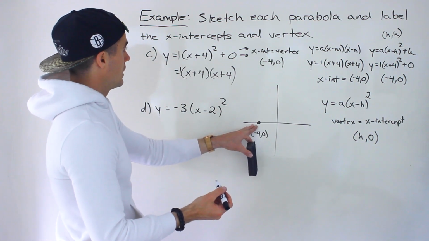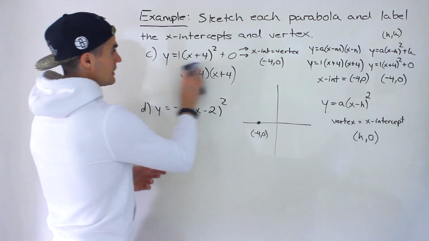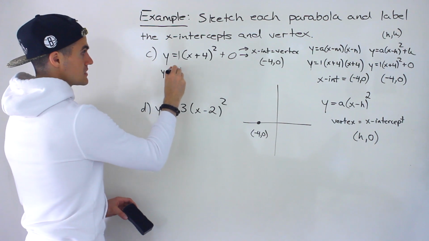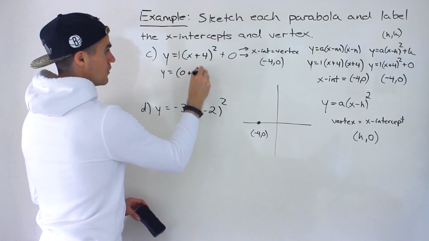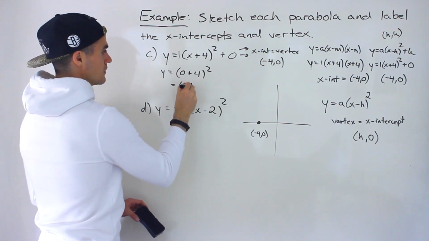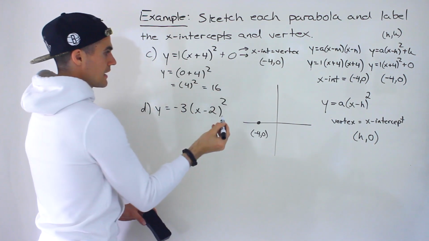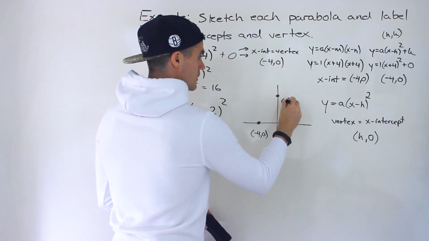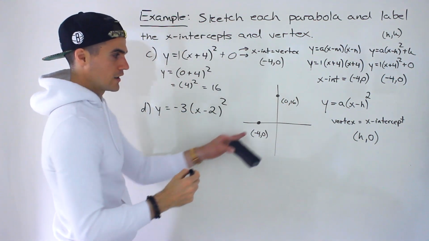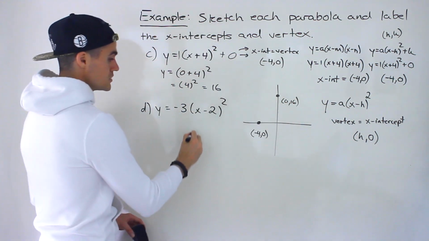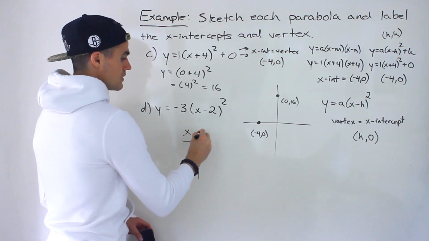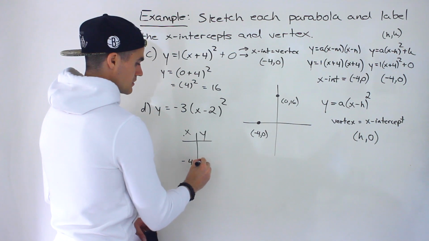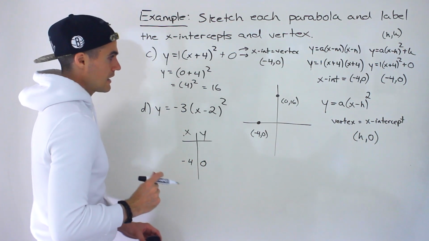And if we want to get another coordinate, what we can do is get the y-intercept in this case. So we can plug in 0 for x, and we'd get a y-intercept of 16. So we'd have 0 and 16. If we just want another point for reference, another thing you can do is make a table of values and put that vertex in the middle, like that.